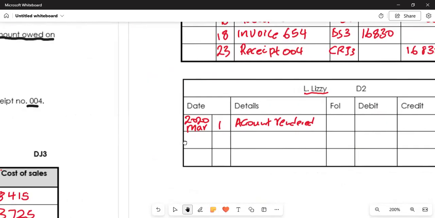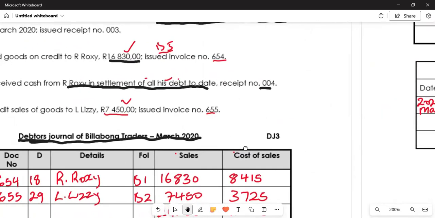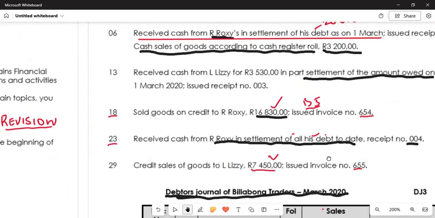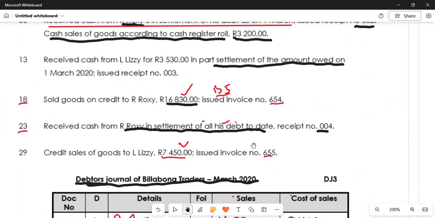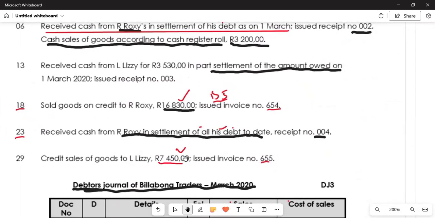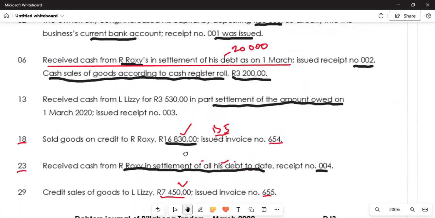So now let us go to the information and try to see transactions that are going to affect our data's ledger of debtors under Lizzie, which is our data 2. So as we can see, on the 13th, received cash from Lizzie amounting to how much? 3,530 in part settlement of the amount owed on the 1st March 2020.